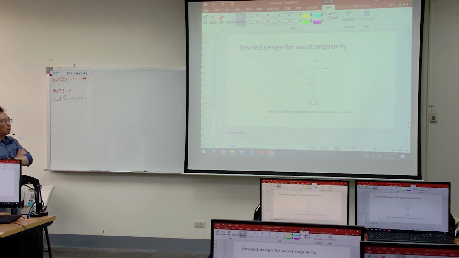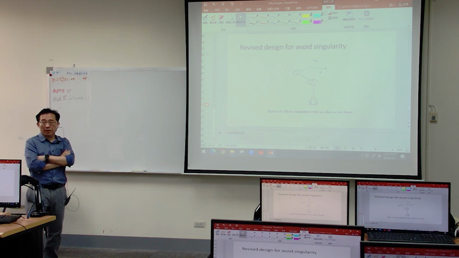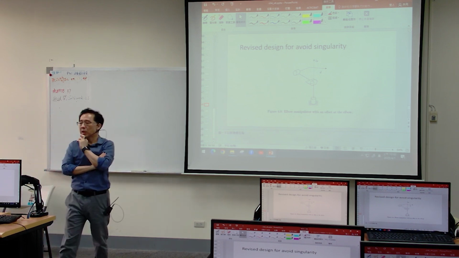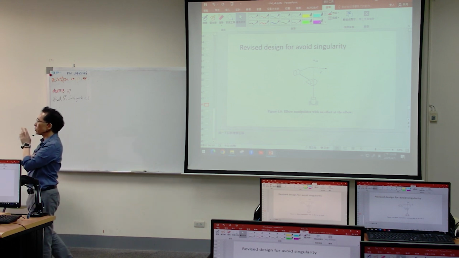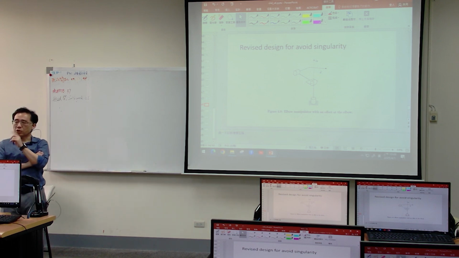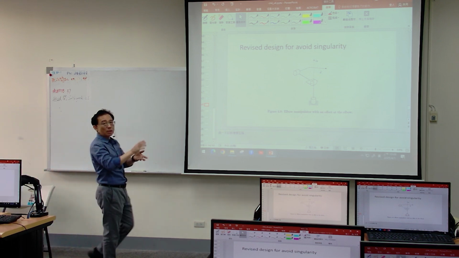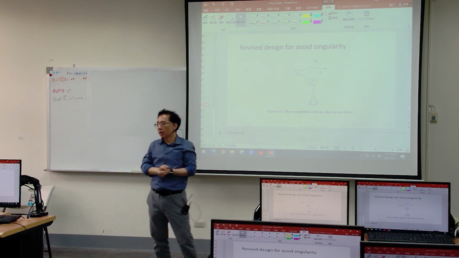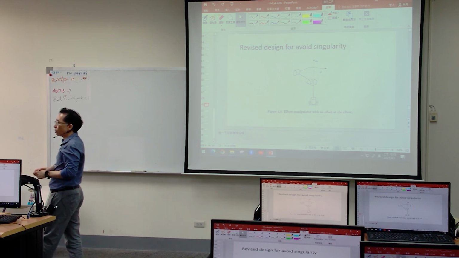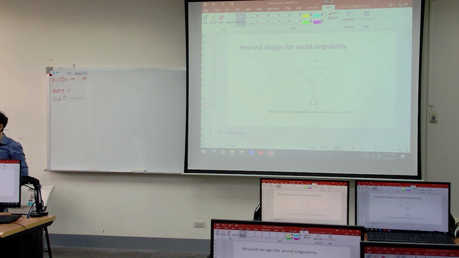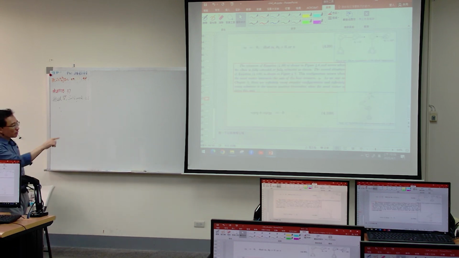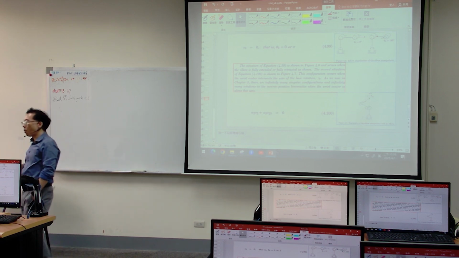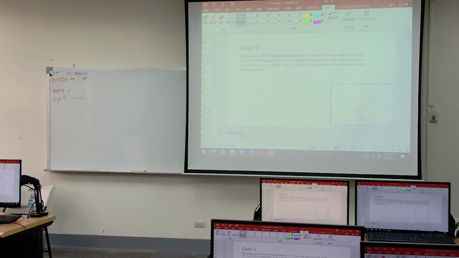It's easier if you do the design, and because we need to install the actuator in between, we need this offset. So it solves a lot of issues. In that case, you don't show up the second type, the bottom one. You don't show this singularity anymore. So it will be easier.